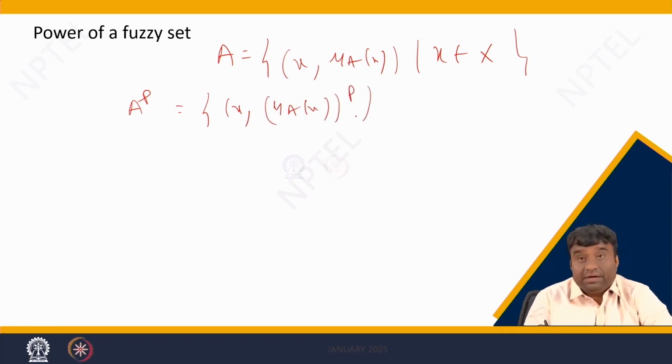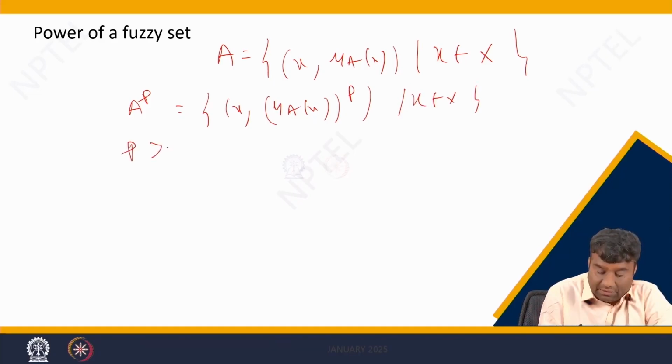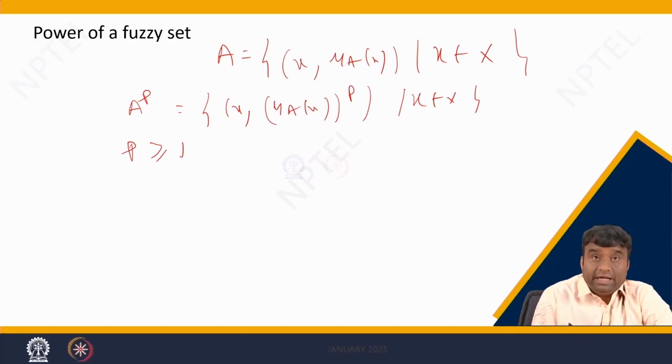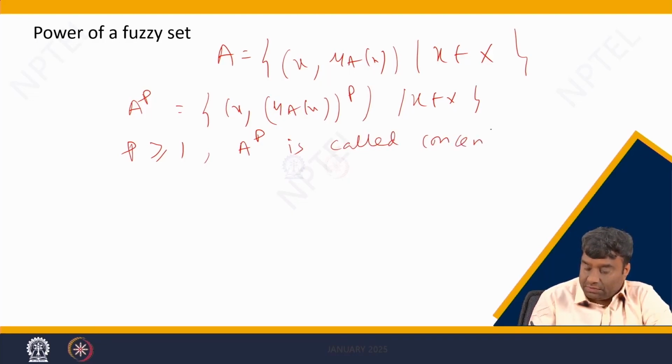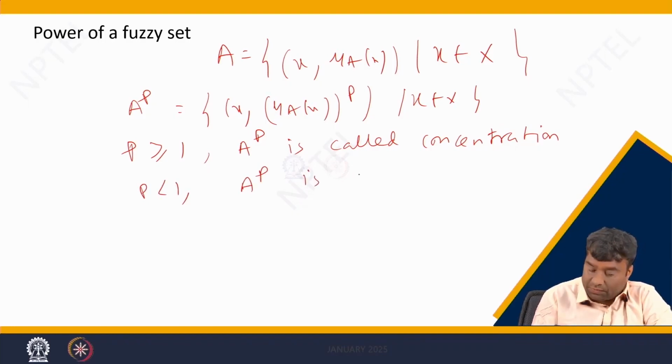So this is the ordered pair, and this is called the power of a fuzzy set. If p is greater than or equal to 1, then A to the power p is called concentration. If p is less than 1, then A to the power p is called dilation.